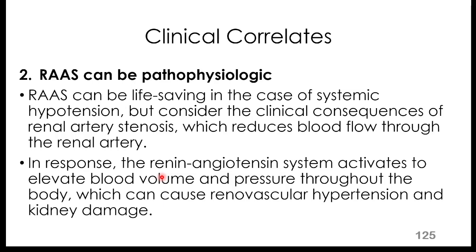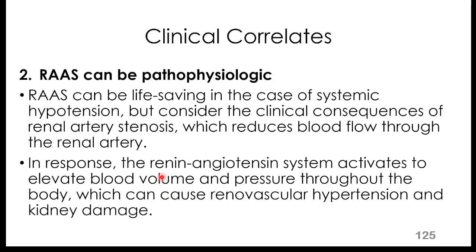So what happens? The renin-angiotensin system activates to try and elevate the blood volume, right, and pressure throughout the body, because the blood flow to the glomerulus is inadequate. The renin-angiotensin system kicks in, right, to try and increase the blood pressure.